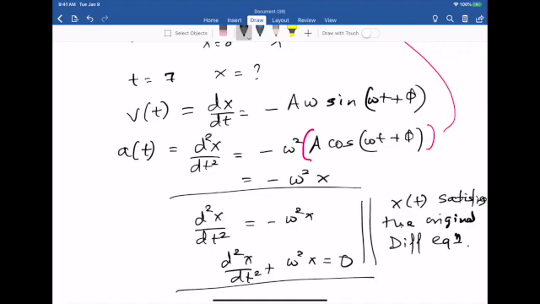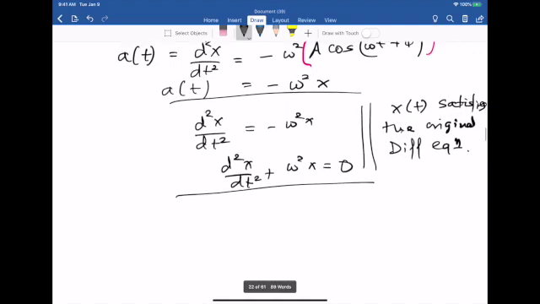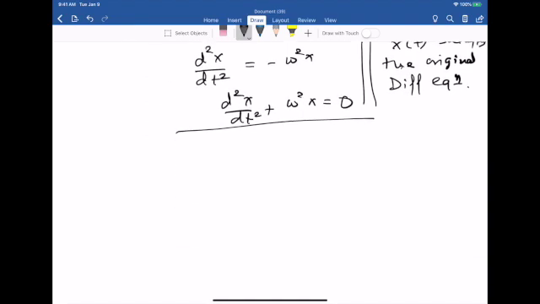All right, now we have found the velocity and the acceleration, and I'll just write the acceleration like this: a of t is equal to minus omega squared x. Both of these are functions of time, right? But sometimes it's more convenient to express the velocity not as a function of time. So we found the velocity as a function of time, but we want to express it as a function of x.